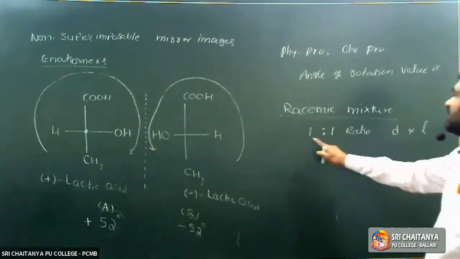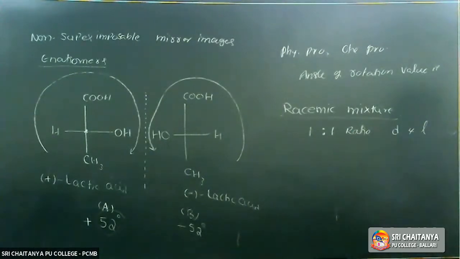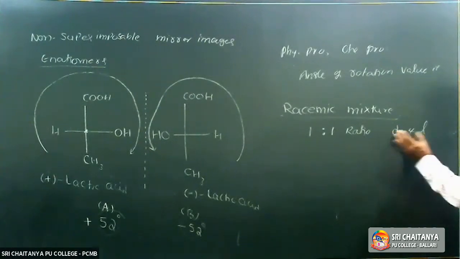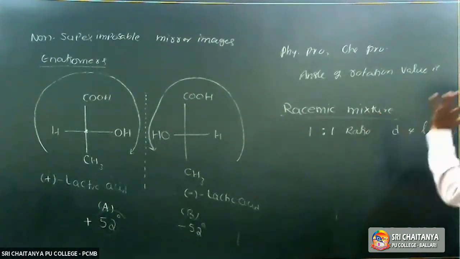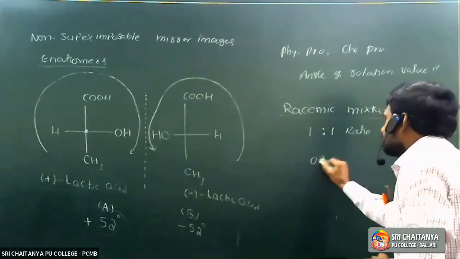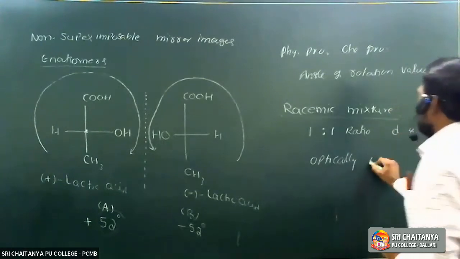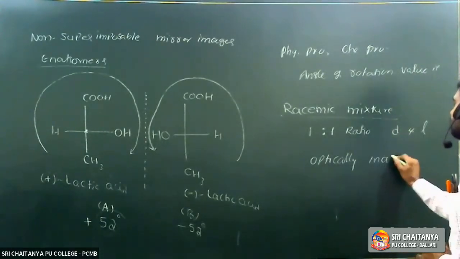So a 1:1 ratio, an equimolar mixture of dextrorotatory compound and levorotatory compound, is called a racemic mixture. This racemic mixture is optically inactive.